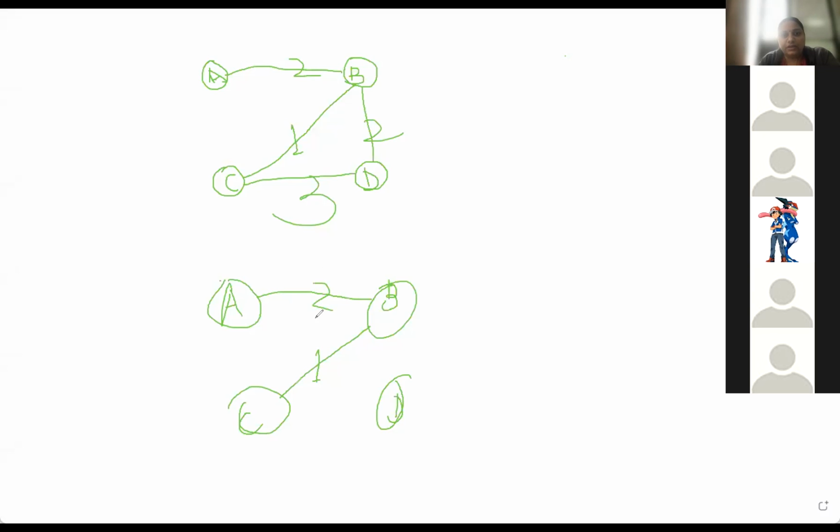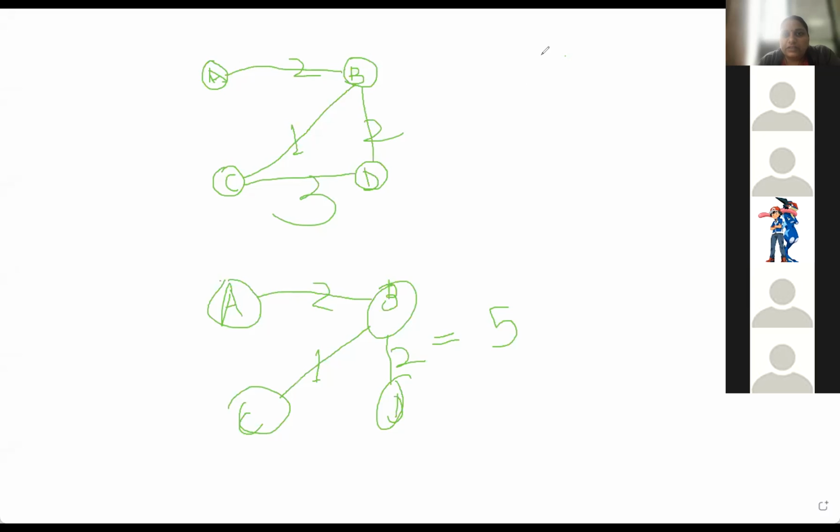Okay, A, B, and C. Now D is the vertex which is not connected. So I will take this one. So 2 plus 1 plus 2 is equal to 5. It is one spanning tree.